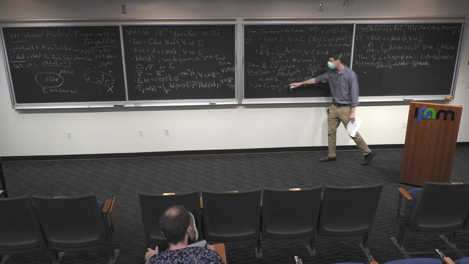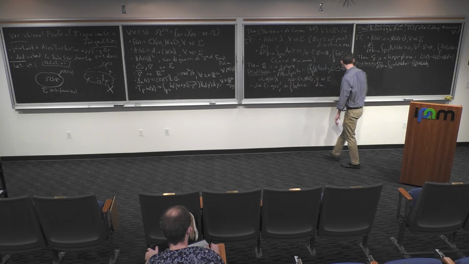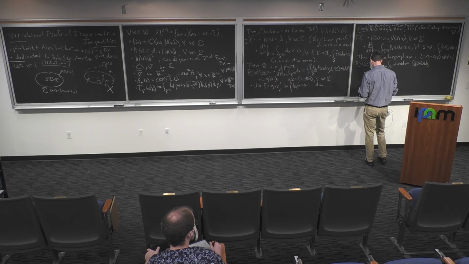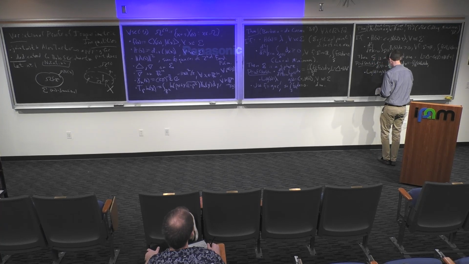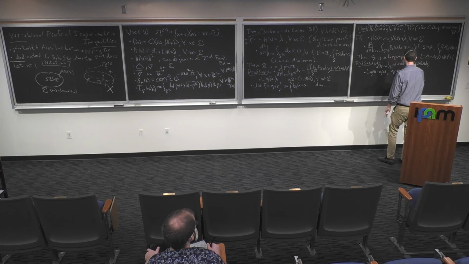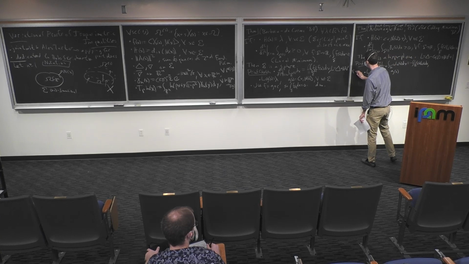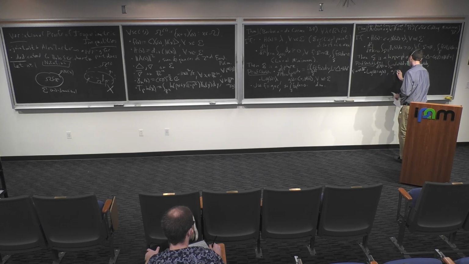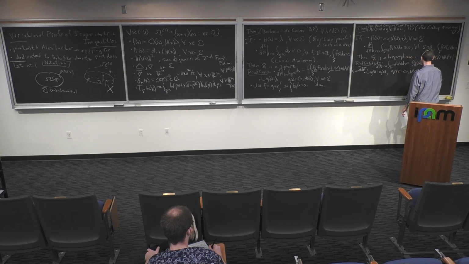Before, we had this equal to a constant, but here you actually get an explicit eigenfunction with eigenvalue 1. Let's fix some vector v. Then g is going to be v dot n, with n the normal.